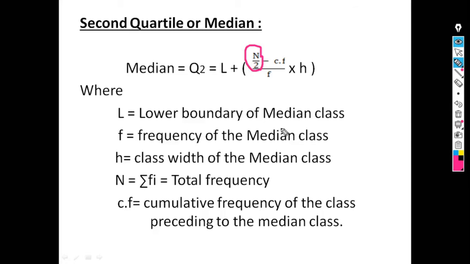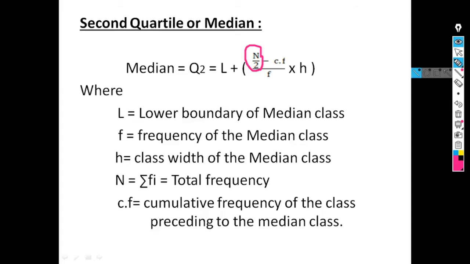Here L is the lower boundary of the median class, f is the frequency of the median class, h is the class width of the median class, that is upper class boundary minus lower class boundary. N is the total frequency, also denoted by summation of fi, and Cf is the cumulative frequency just preceding the median class.